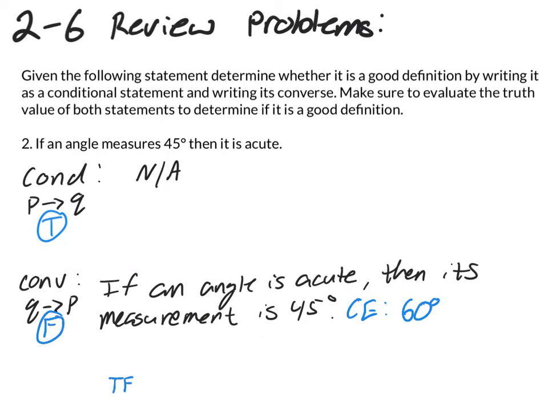Anytime we have a single false, it fails the criteria for being able to be written as a biconditional. So we would say it is not a good definition. All right, so just to recap, we have anything that's false. We should always write a counterexample, and then we would say that it is not a good definition.